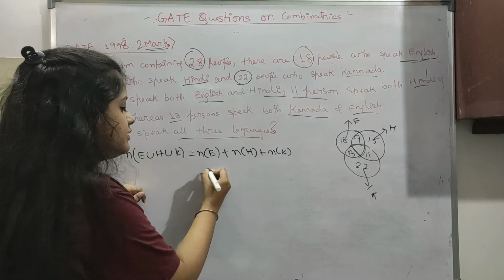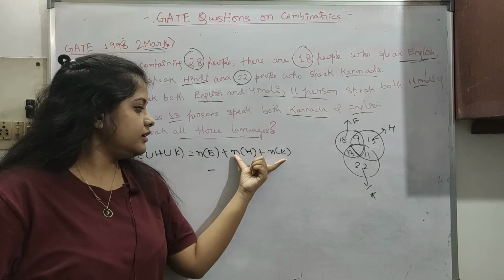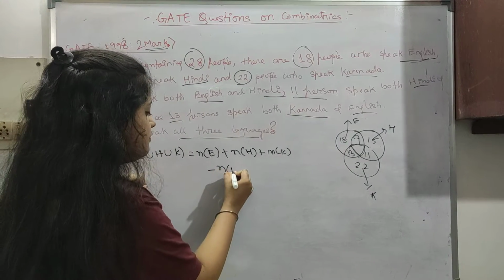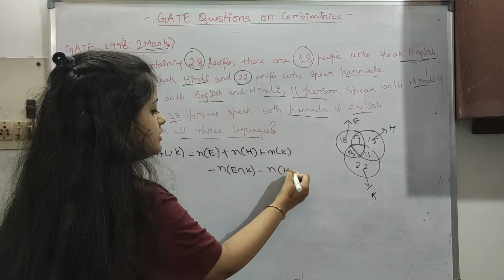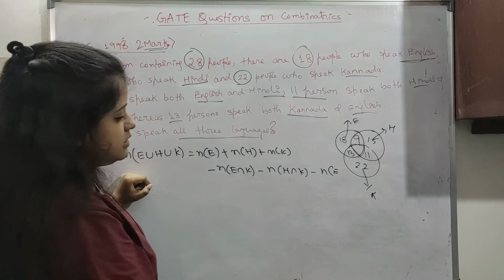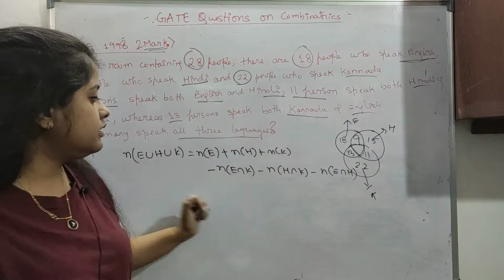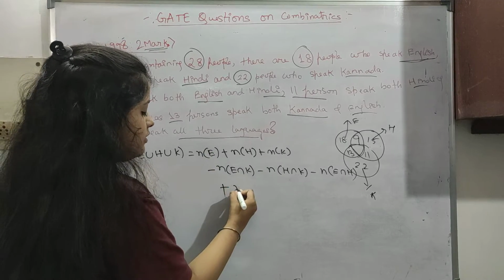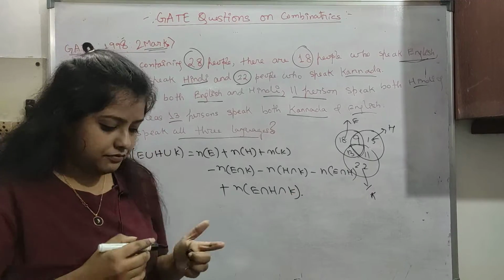Then minus, because the second step is to take the combinations: minus n of E intersection K, minus n of H intersection K, minus n of E intersection H. Finally, plus n of E intersection H intersection K. This is what we have to find out.